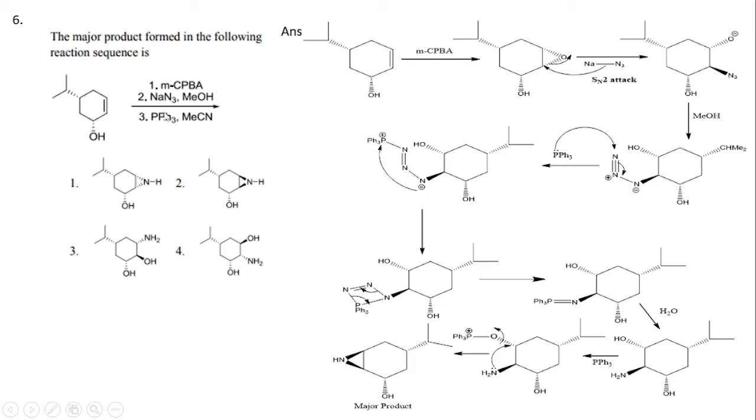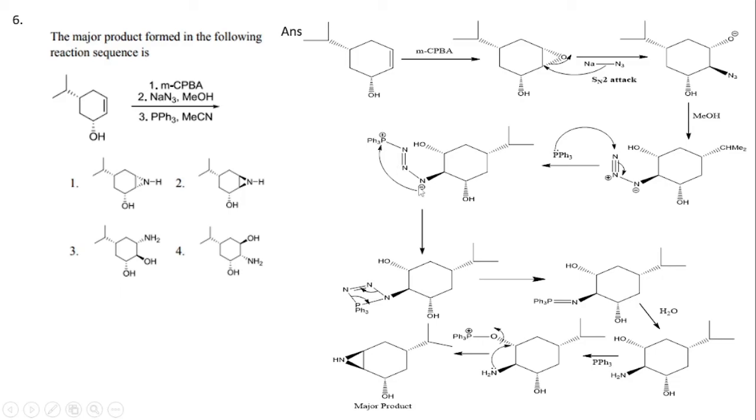This PPh3, that is triphenylphosphine, will attack on this nitrogen, and this triple bond will be cleaved to form this double bond, and this double bond comes here. This nitrogen will be neutralized, so it will form this N double bond N single bond N negative, and here will be PPh3 plus.